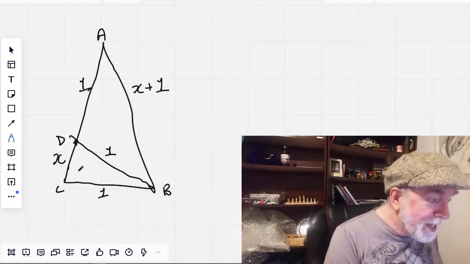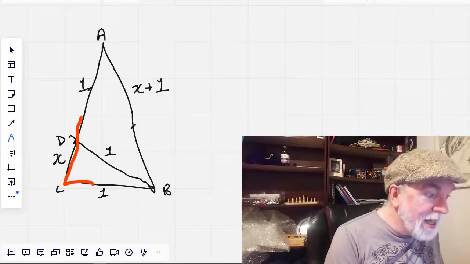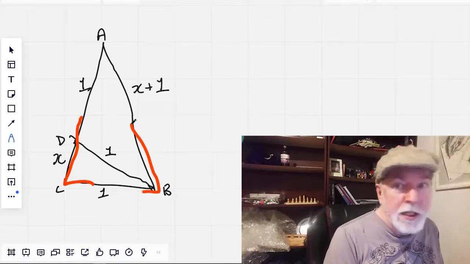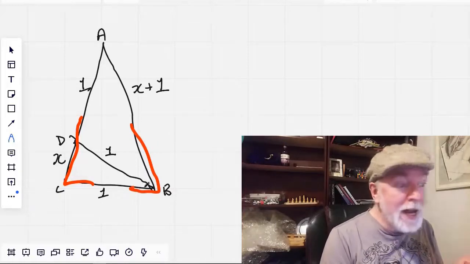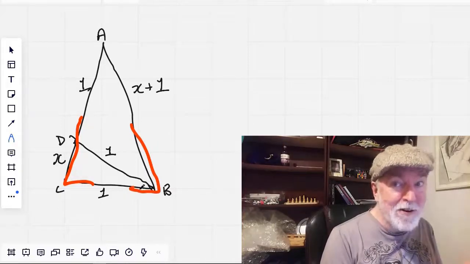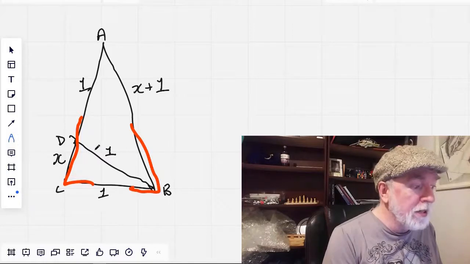I want to point out, since this is an isosceles triangle, this angle and this angle, the base angles, are the same. But better than that, we have got another isosceles triangle. This one here with the 2 1s.